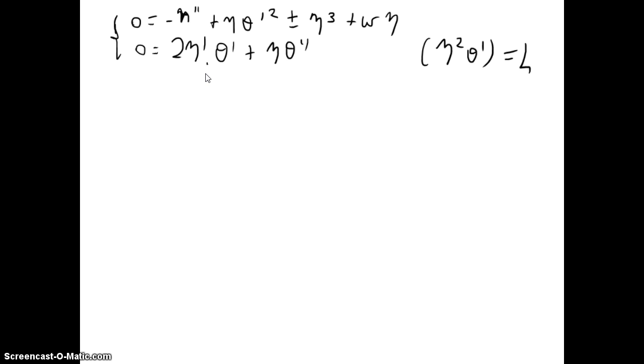So if we solve for θ' and replace it in the first equation, we will obtain minus η'' plus L²/η³ plus or minus η³ plus ω η equal 0.